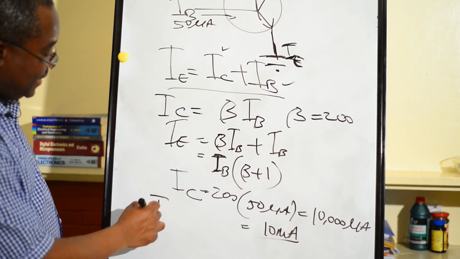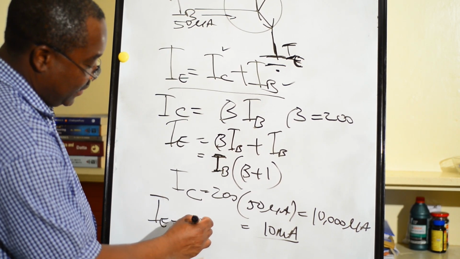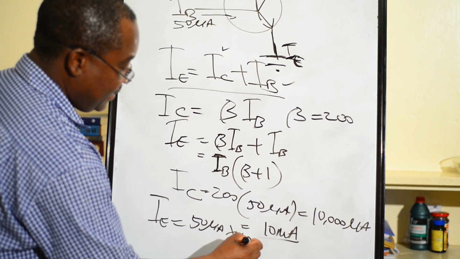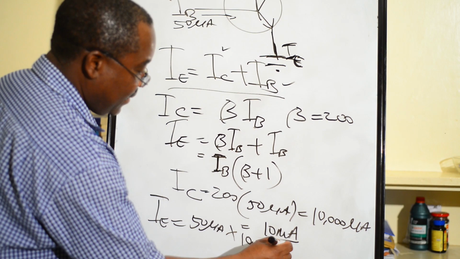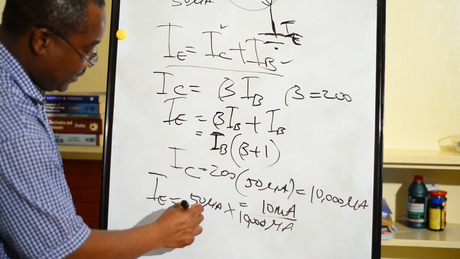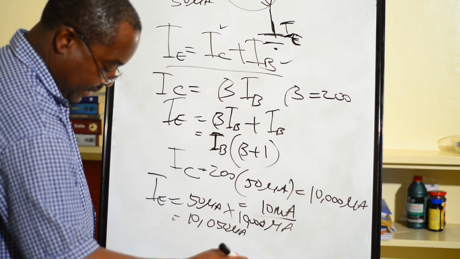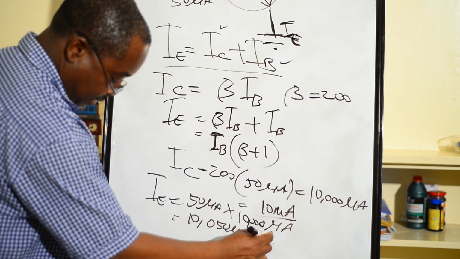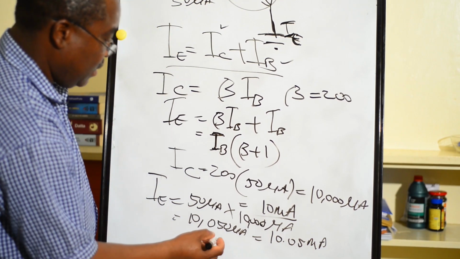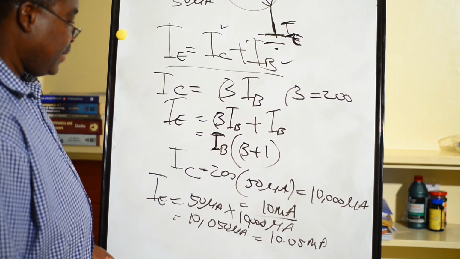So our IE is equal to 50 microampere plus 10,000 microampere, which is equivalent to 10.05 milliampere, because I just divide by 1,000.